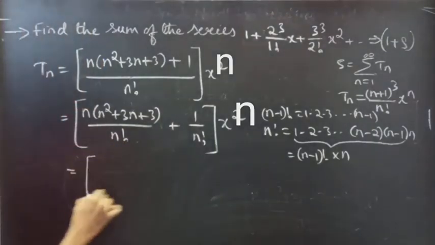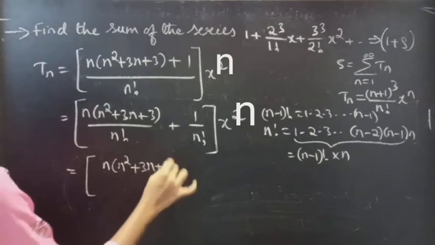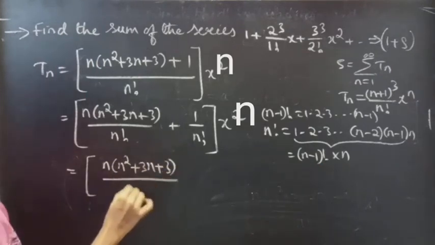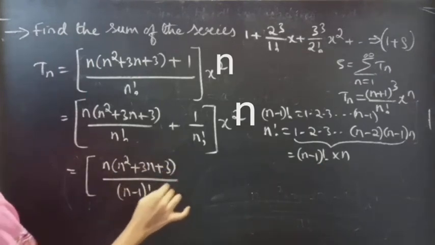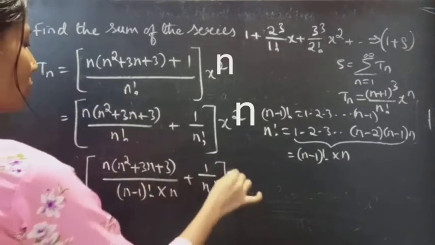So you'll get n into (n square plus 3n plus 3) by n minus 1 factorial into n, plus 1 by n factorial into x square.